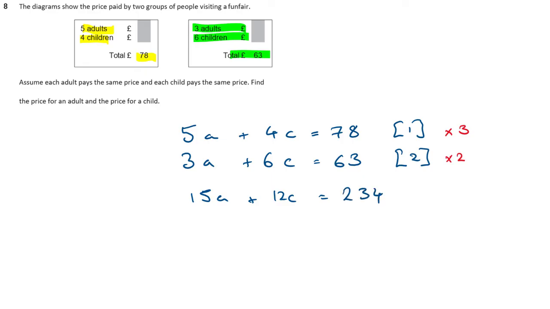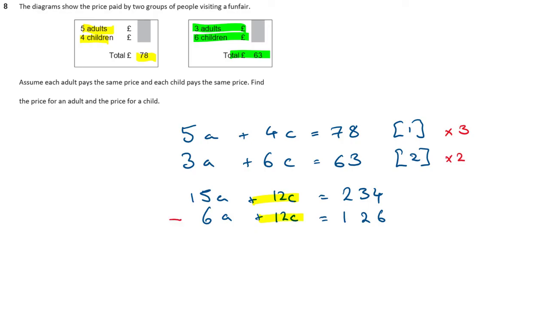And then doing the same for equation 2. 3a times 2 is 6a. 6c times 2 is 12c. And 63 times 2 is 126. Now hopefully you can see that my 12c and my 12c are the same.